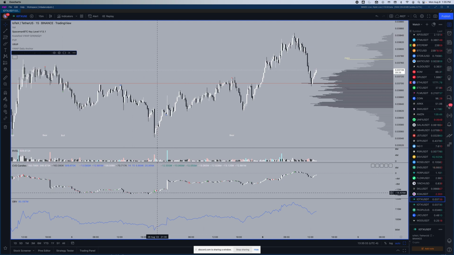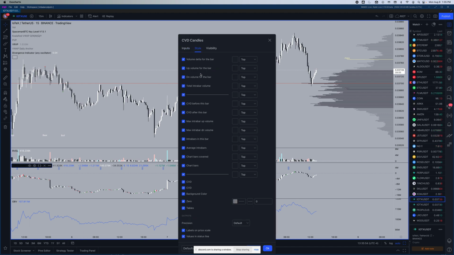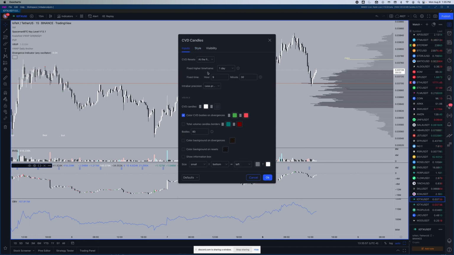So it automatically colors the candle in whatever color you want for the divergences. I don't have the total volumes. I have my bodies colored for the divergences, and pretty much everything else is standard except for obviously the colors.